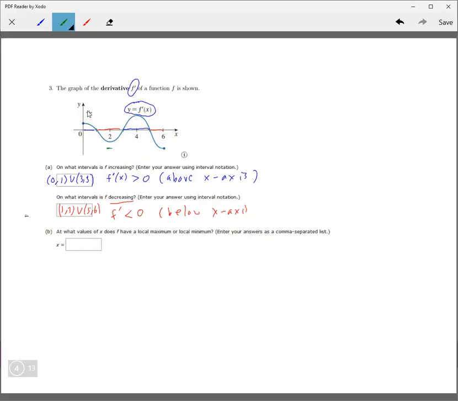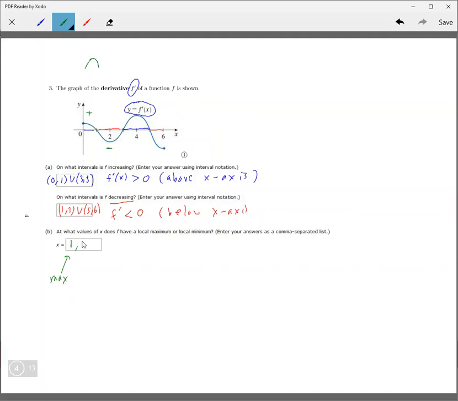So if the derivative goes from being positive to negative, that means that the function was increasing, and then it leveled out, and then the function was decreasing. So this right here, this number 1, that's going to be a local maximum, because you went from increasing to decreasing.